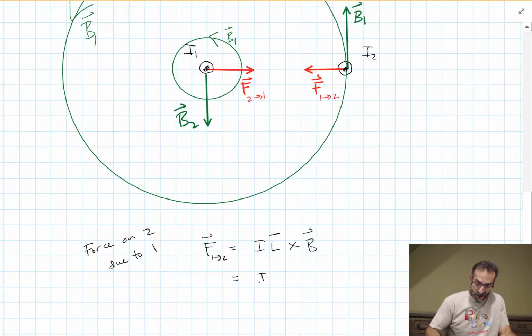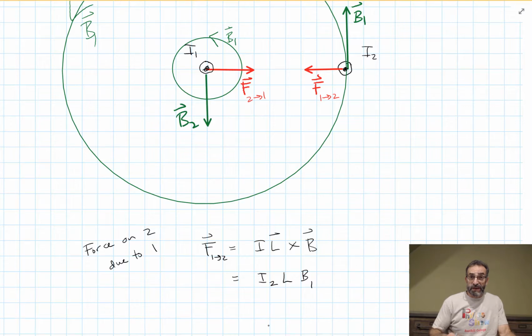That's going to be the current in wire 2 times the length of the wire times the magnetic field due to wire 1 at that location. And because they're perpendicular to each other, the cross product just yields a sine of 90 degrees, or 1. So there we have it.